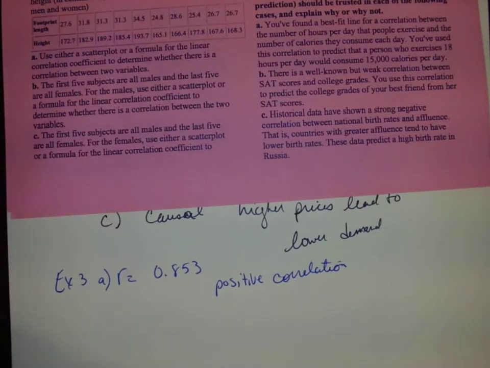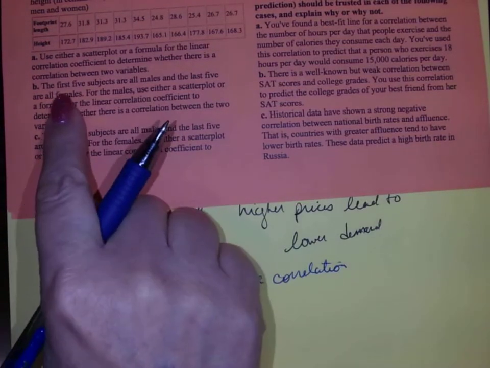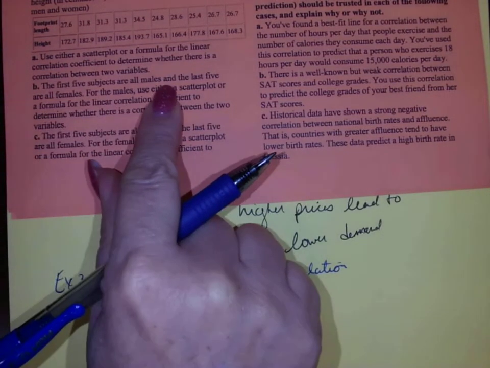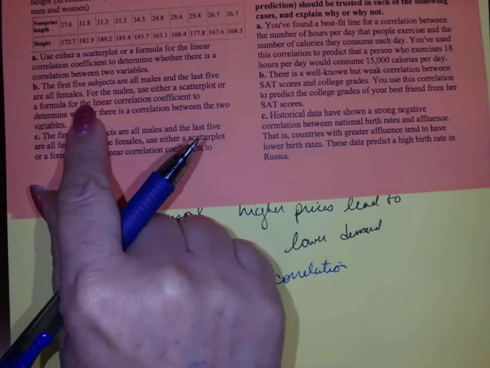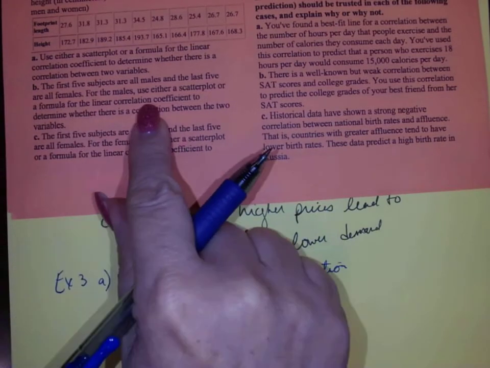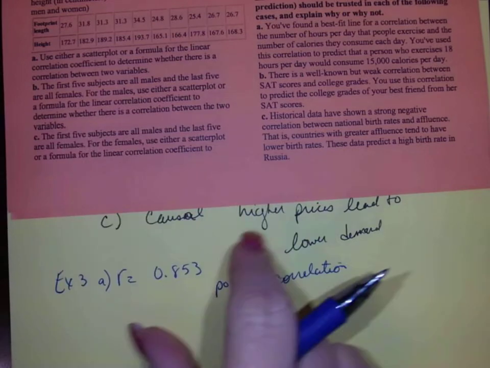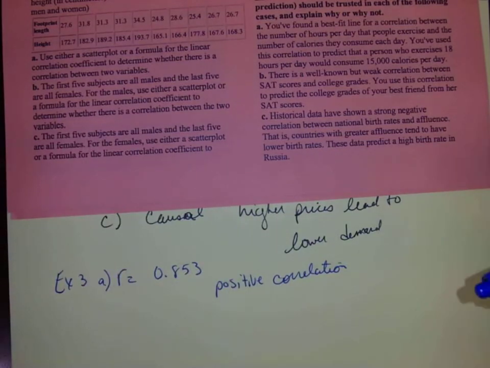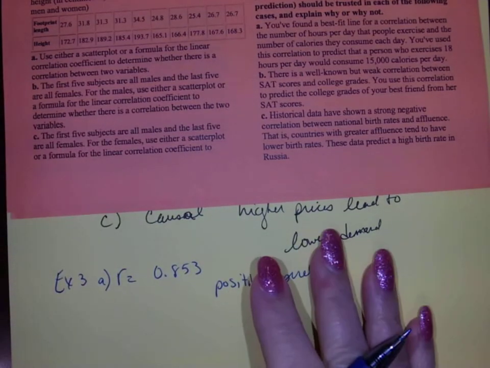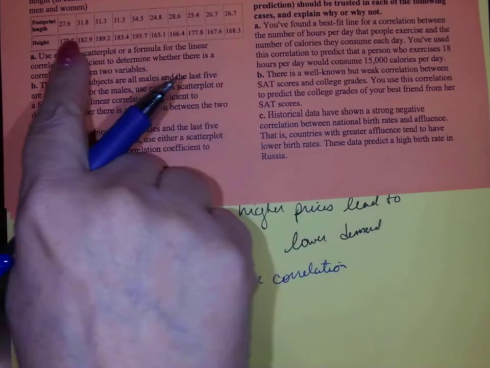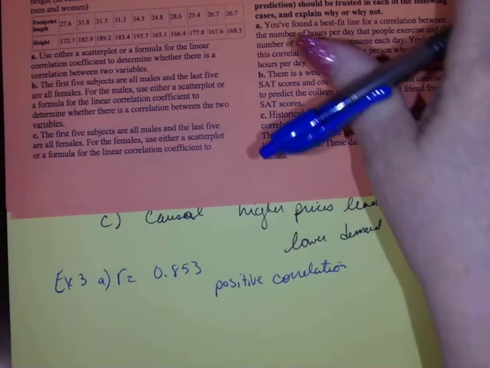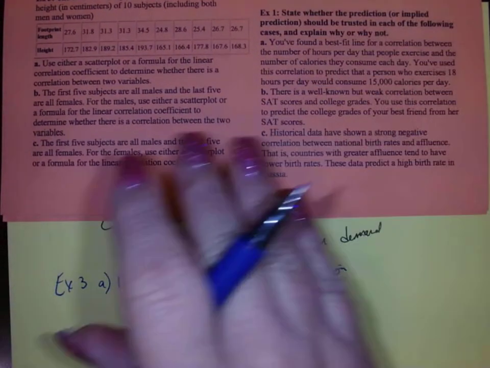All right, for part B, the first 5 subjects are all males, and the last 5 subjects are all females. For the males, again, use either a scatter plot or a formula. So we're going to go back and do the same thing we would have done here using our calculator, or you can do it on Desmos. Remember I told you, you can go to desmos.com and put these in as well if you don't have a TI-83 or 84.